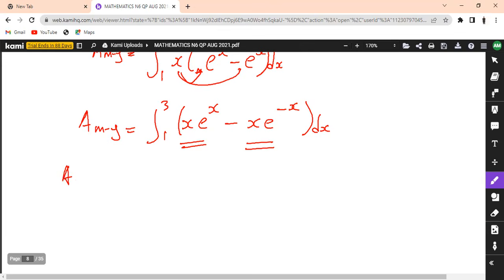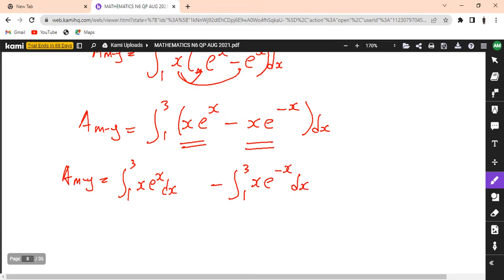We are going to have the integral from 1 to 3 of x e to the exponent of x dx, minus the integral from 1 to 3 of x e to the exponent of minus x dx.